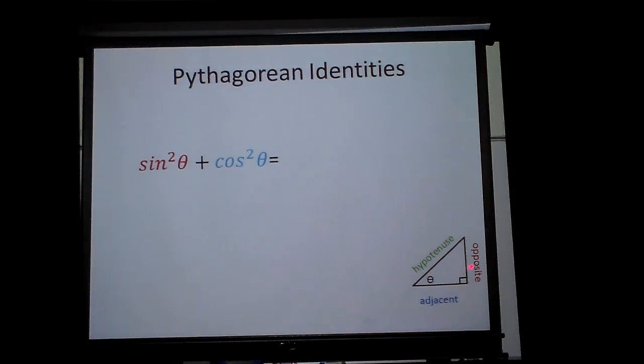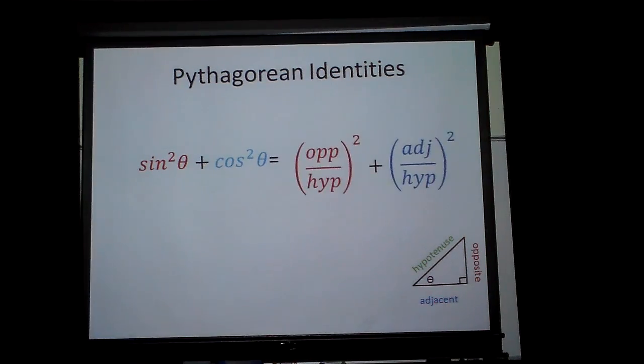As we look at this right here, remember sine is what? Opposite over hypotenuse, and cosine is adjacent over hypotenuse. So let's take opposite over hypotenuse squared plus adjacent over hypotenuse squared. Well, what's going to happen is this. If I put them together, I have opposite plus adjacent equals the what? Hypotenuse squared, right? Okay.